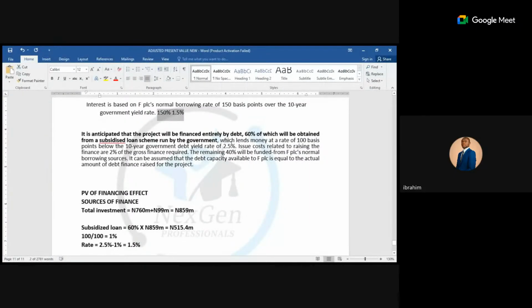That is the reason why the questioner still goes further to say, which lends money at a rate of 1% below, meaning below this 2.5. The difference between 2.5 and 1.5 we give them will be 1.5% using this information here.